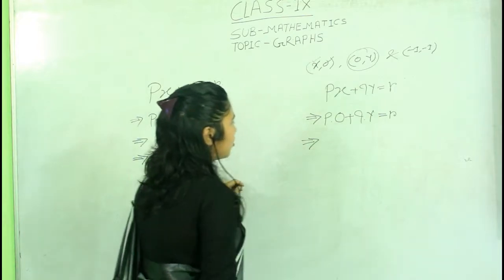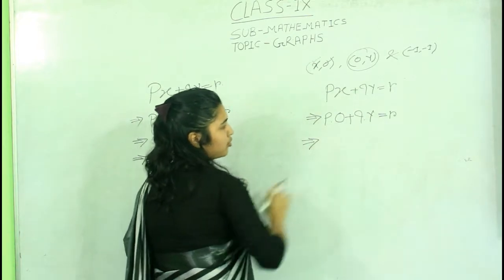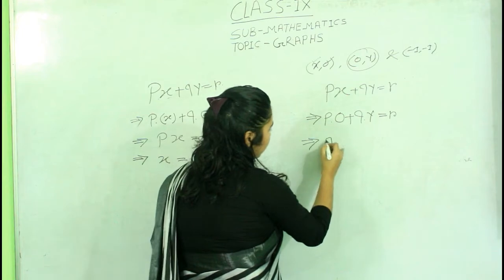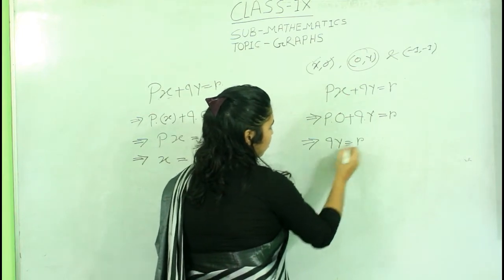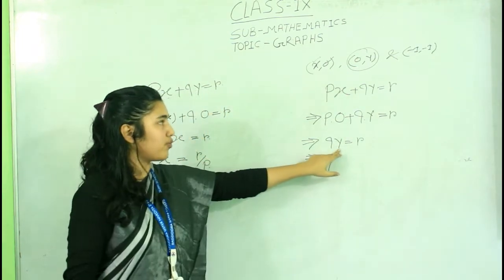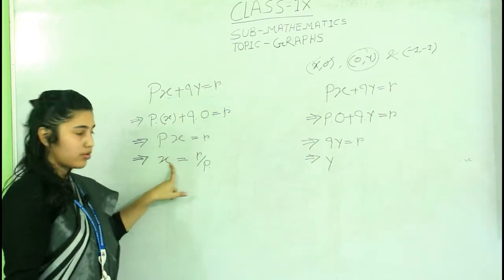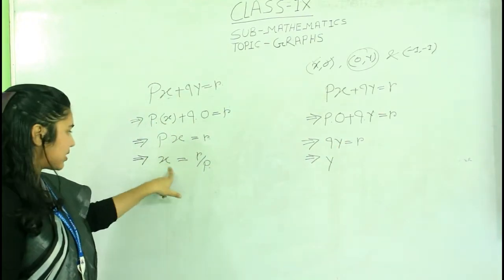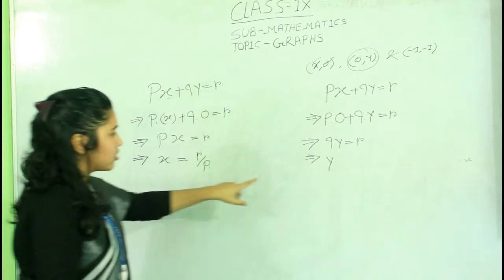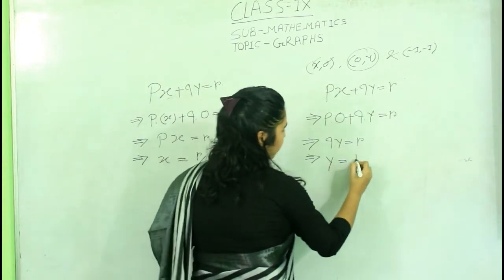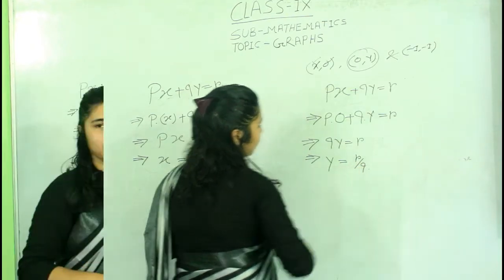So from here we can find the value of q, because p into 0 is 0. So qy equals r. We already know that the value of x is r by p. Now from here find the value of y, which is r by q.